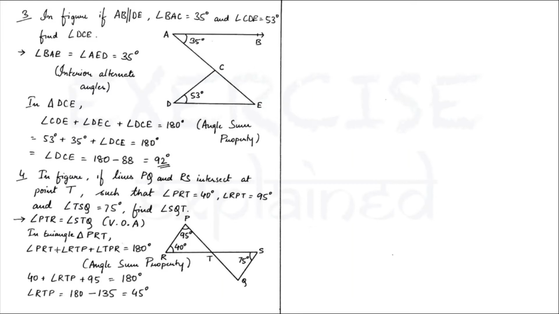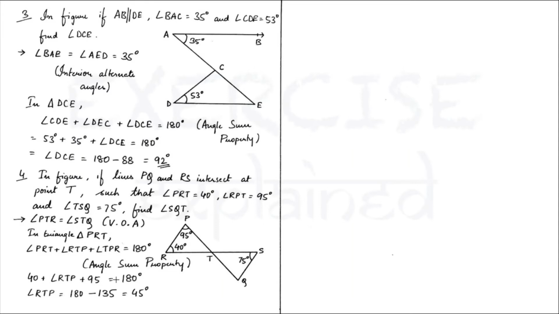everything added together, that is PRT plus RTP. PRT is going to be this angle, plus RTP is this angle here, which is not known, plus TPR, which is this angle, that is 95 degrees. All of them added together becomes 180 degrees. I just substitute the value of PRT as 40 and TPR as 95, and RTP, since we need to find it out, I just keep it as it is.